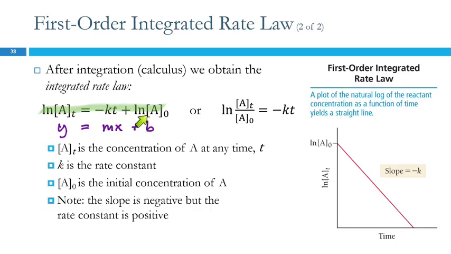Then we see that the y-intercept will be equal to the natural log of the initial concentration, and the slope is going to be equal to negative k. So the slope of this graph is negative, but the rate constant is positive, okay, because the slope is negative k. Any questions about that?